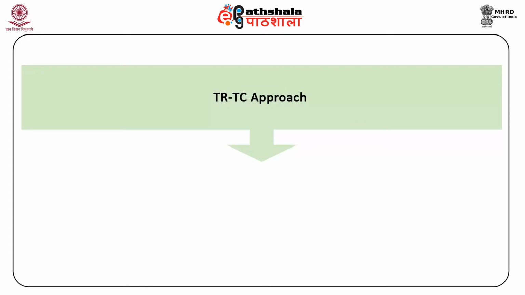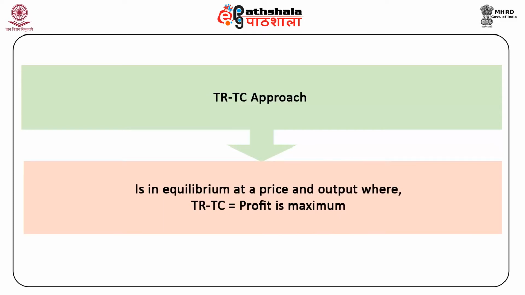TR-TC approach. According to the total revenue, that is TR, and total cost, that is TC, approach, a monopolistic firm is in equilibrium at the price and output where TR minus TC, which equals profit, is maximum.